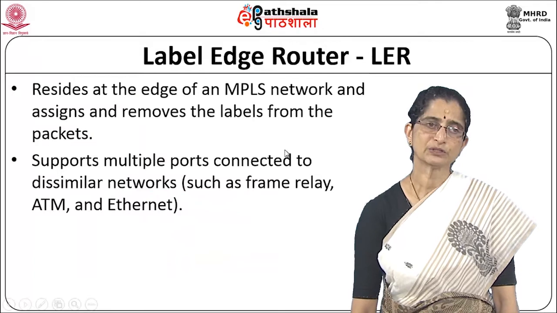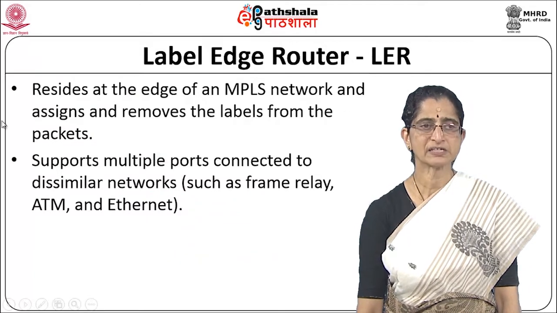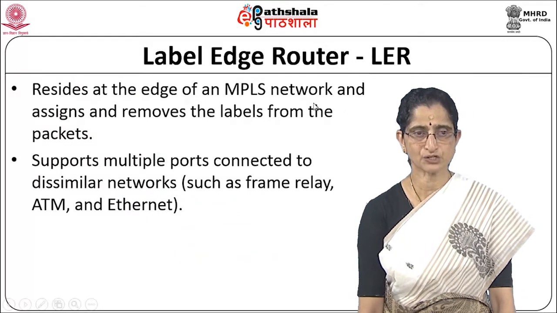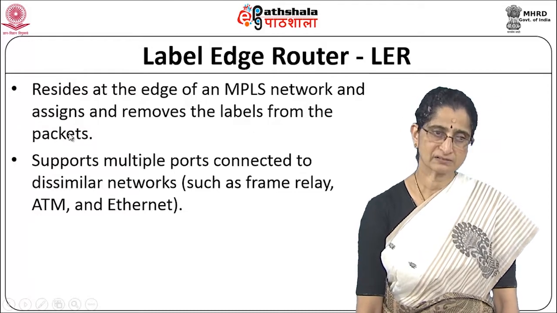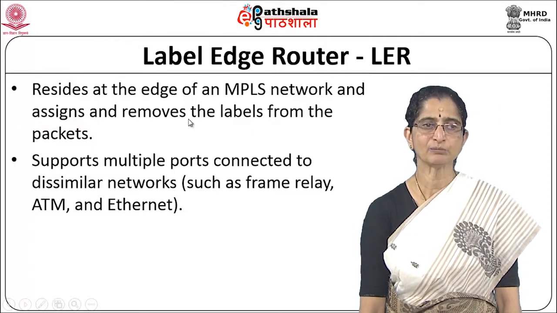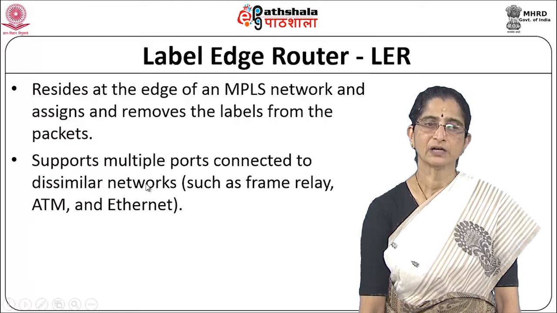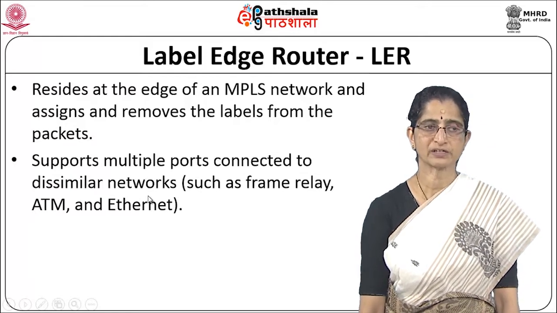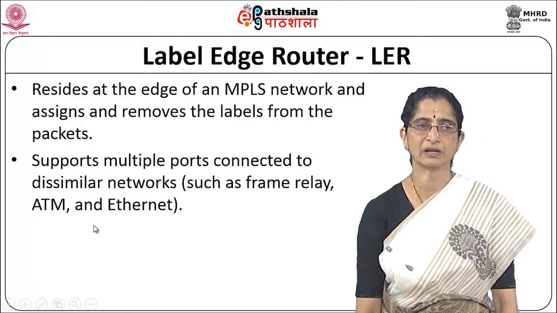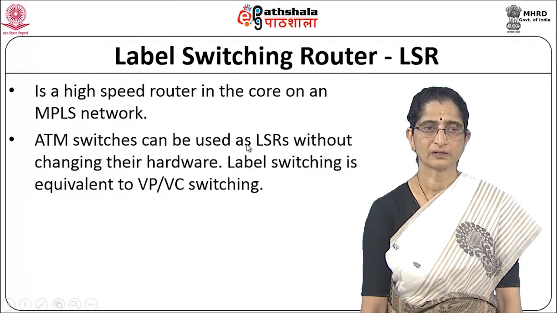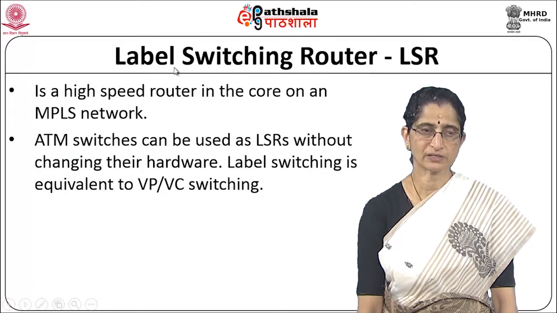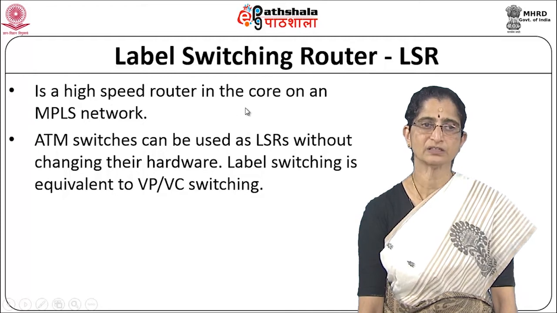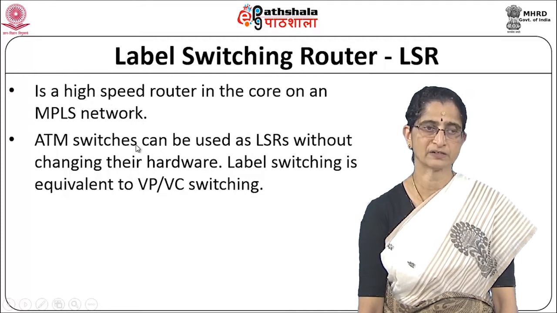The label edge router that we talked about is the one that resides at the edge of an MPLS network and is responsible for assigning and removing labels from the packets. It also supports multiple ports connected to dissimilar networks, for instance frame relay, ATM, Ethernet and so on. And the LSR, the label switching router, is a high speed router in the core of an MPLS network.